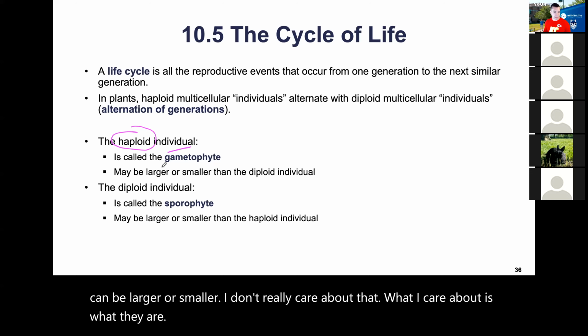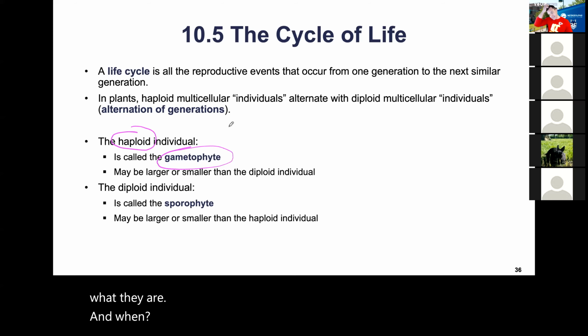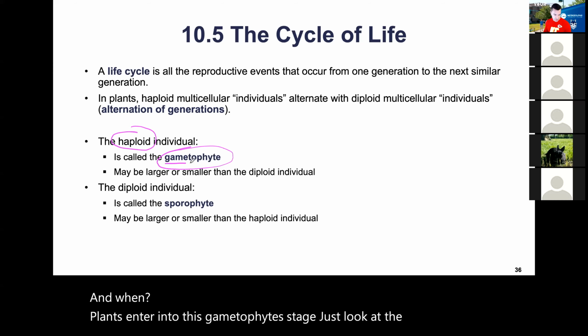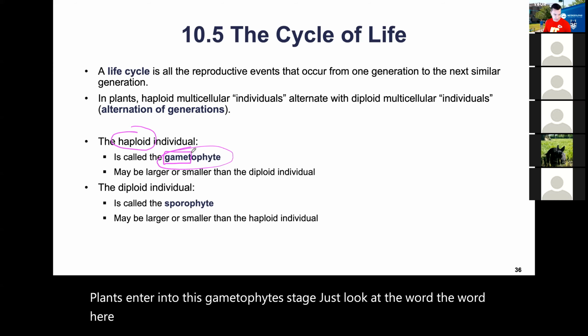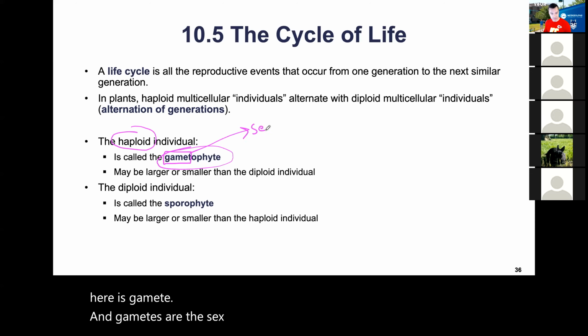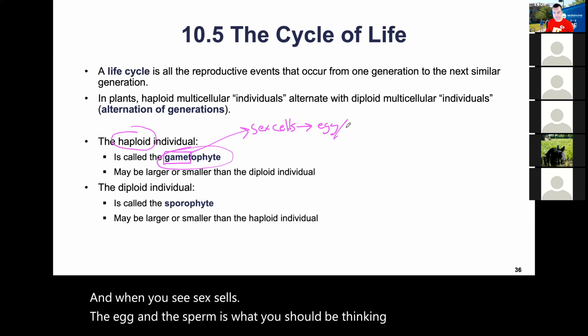And when plants enter into this gametophyte stage, just look at the word, okay? The word here is gamete, okay? And gametes are the sex cells, all right? And when you see sex cells, the egg and the sperm is what you should be thinking about, okay?